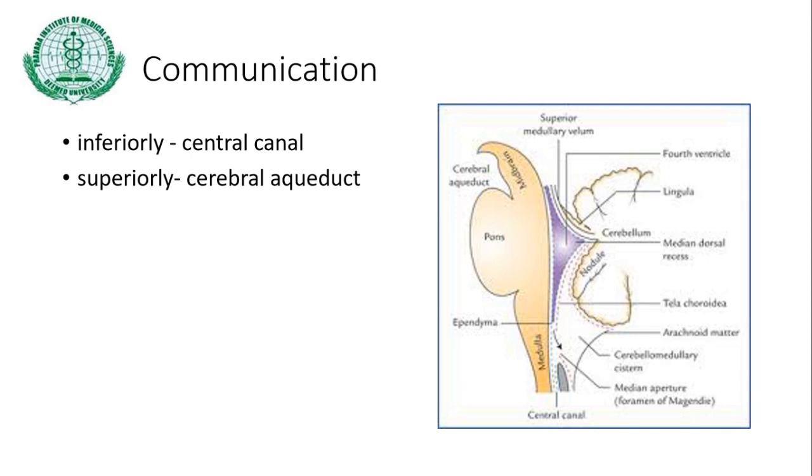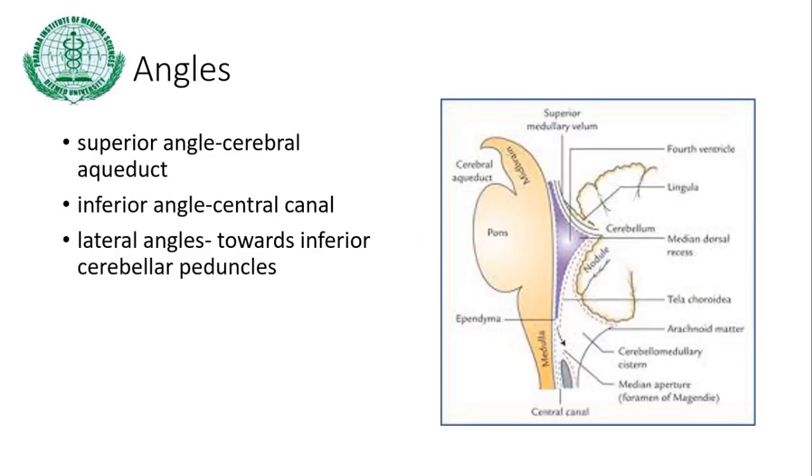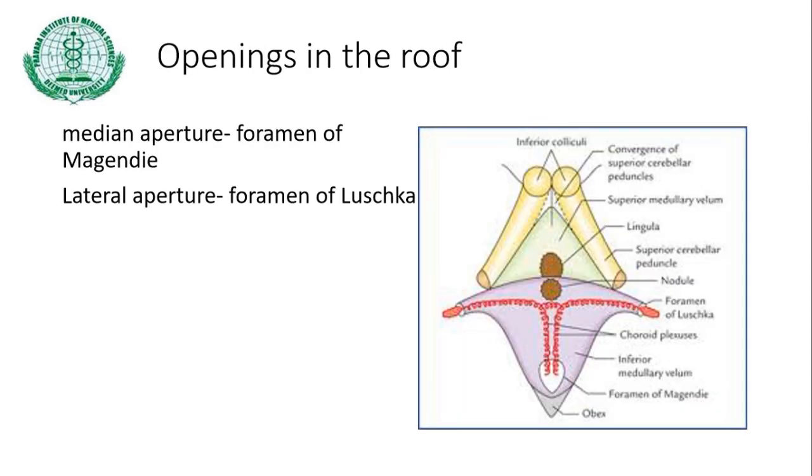Moving on to the communications of the fourth ventricle: superiorly it communicates with the third ventricle through the cerebral aqueduct, while inferiorly it communicates through the central canal. Openings in the roof of the fourth ventricle lie in the lower part of the roof.